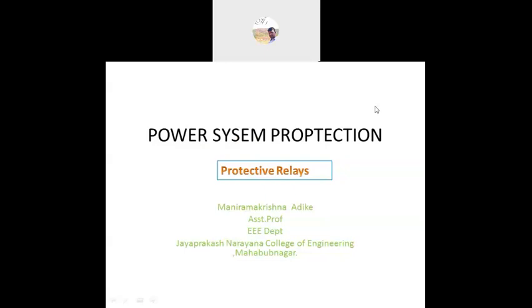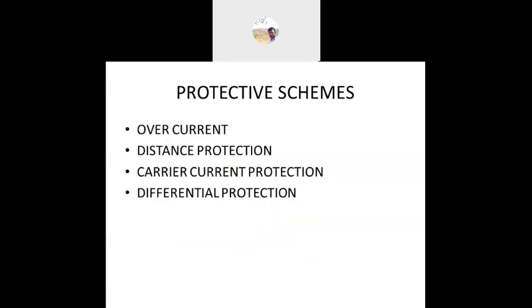In the classification, the protective schemes are classified into four types. The first one is overcurrent protection, the second is distance protection, then carrier current protection, and differential protection.